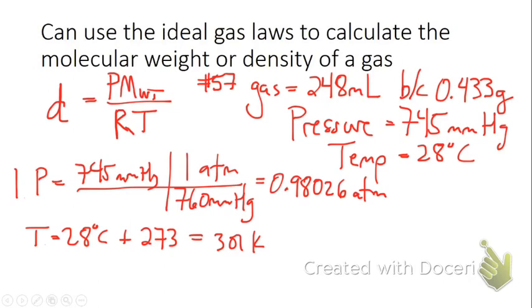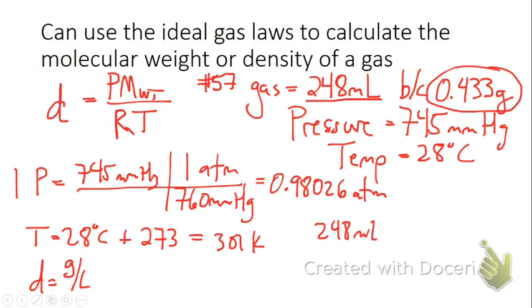Right? And then the other one that we can find is density. So we have to remember what density is. Density is grams per liter. And so we're given grams, but we're given milliliters. So we have to convert 248 milliliters into liters. So we're going to divide by 1,000.